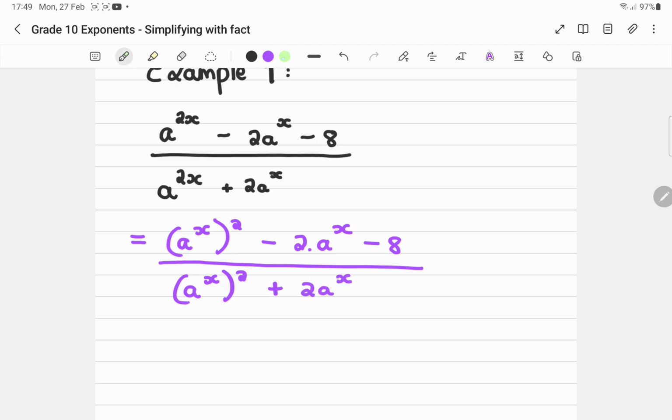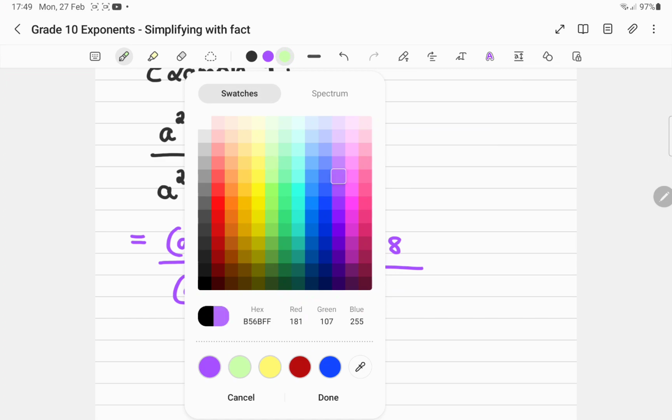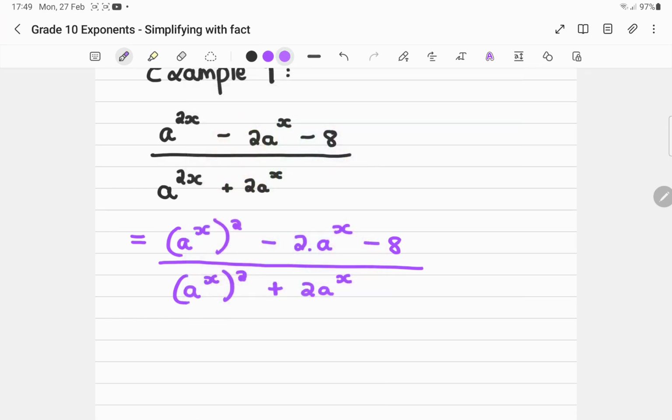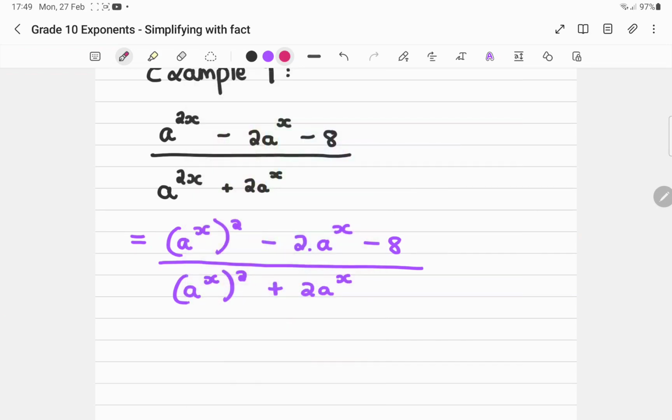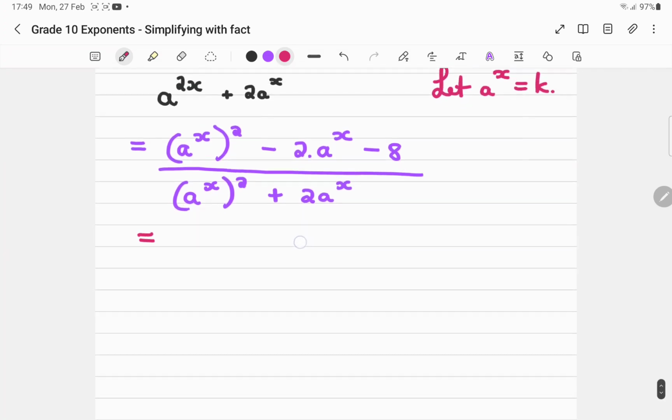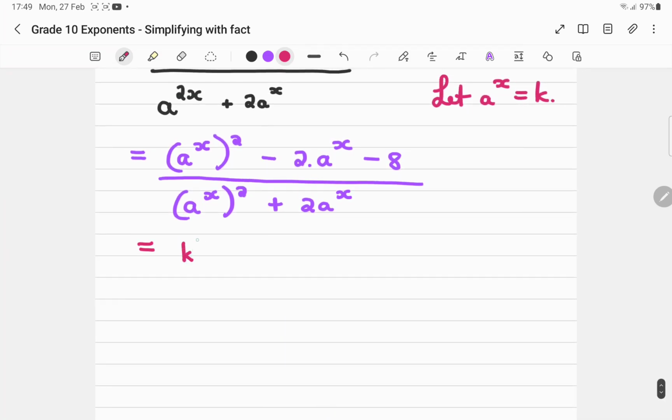Oh my word, it's too much to comprehend. Okay, so we're going to say let 8 to the power x equal k. Wherever we see 8 to the power x, we're going to change it and substitute a k.